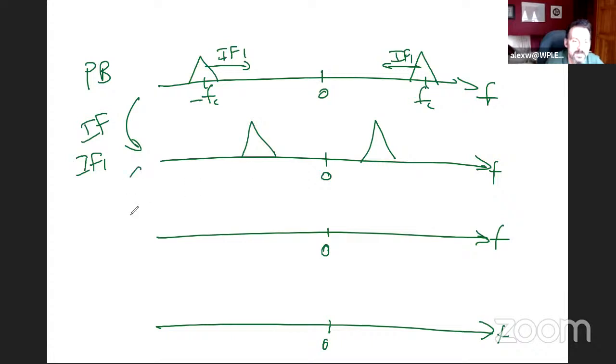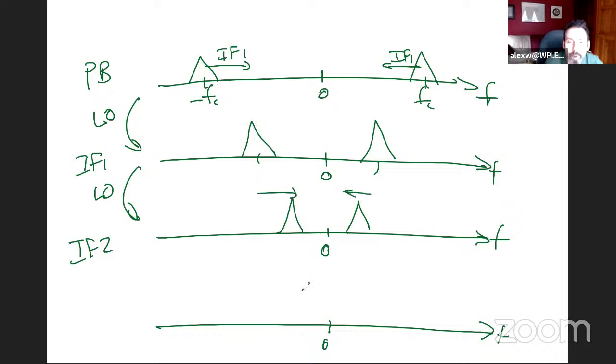And then I do this again. I apply an LO, I apply another LO. Now I'm moving progressively until I'm at BB, right?